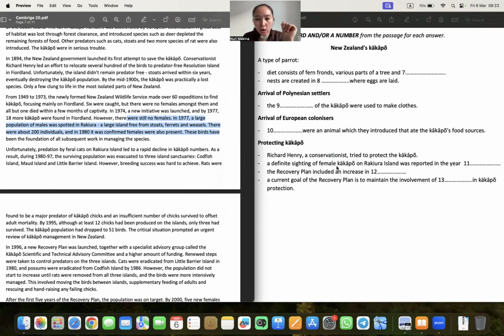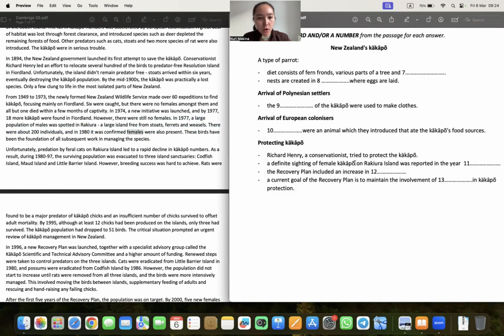A definite sighting of female kākāpō on Rakiura Island was reported in the year blank. Confirmed females were also present. Yes, a definite sighting means they were also present. And of female kākāpō, females. So females is not a paraphrasing, it's the exact word.